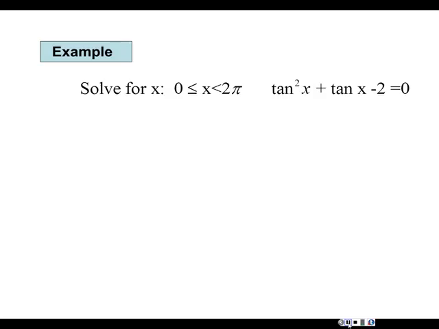So let's see, tan x equals negative 2. Now, for what value of x is tan x equal to negative 2? What is that? Can anyone check with the calculator?